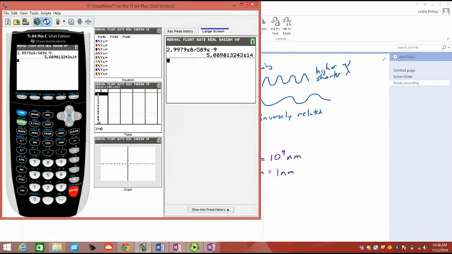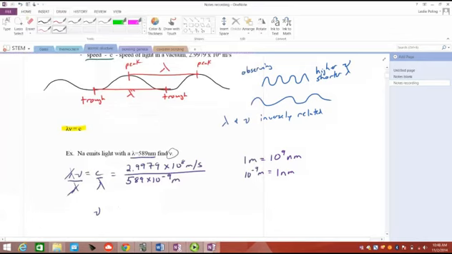And so we get 5.09, because I'm rounding it to significant digits, times 10 to the 14. And look at what the units are. Meters on the top, meters on the bottom. So we're left with 1/seconds, which we can also write as seconds to the -1, so that we don't have to deal with a fraction.